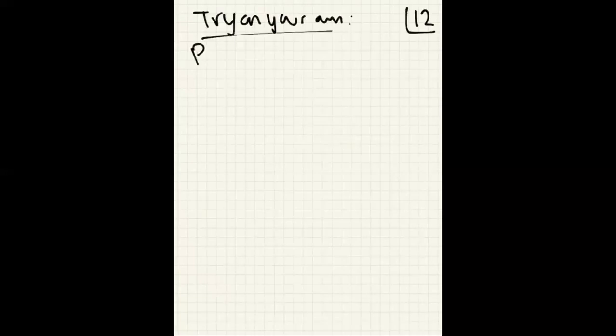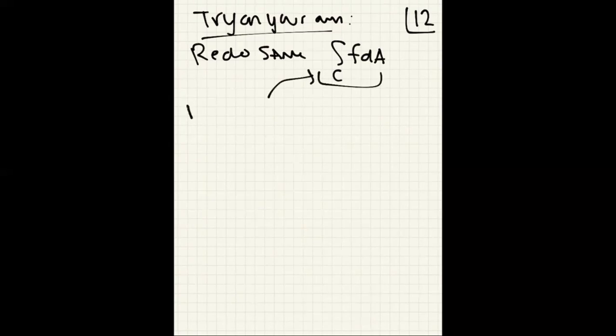So redo the same integral, the integral over c of f ds, but instead I'd like you to use r of t essentially the same. Every time I see a t, replace it with a 2t. So this is cosine of 2t, sine of 2t, comma 2t.